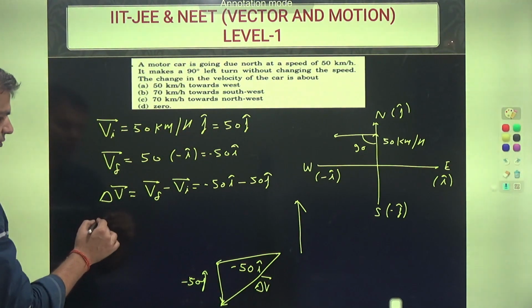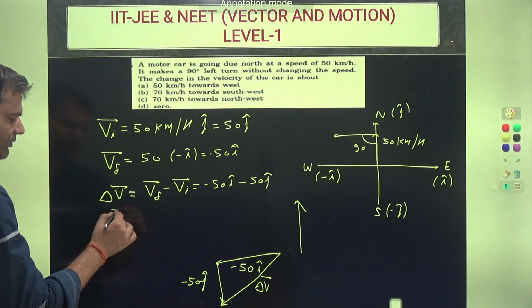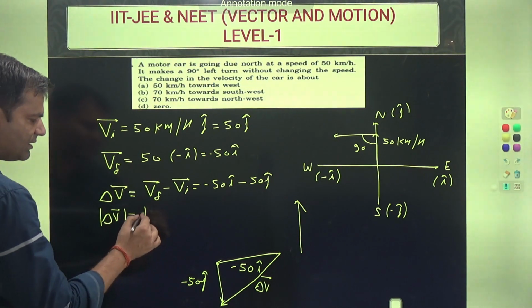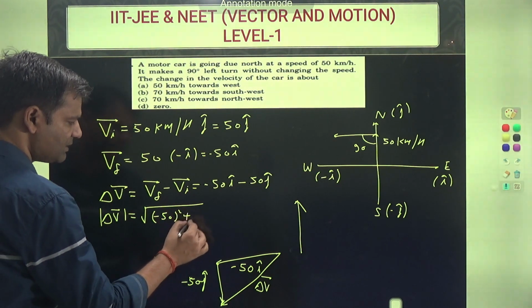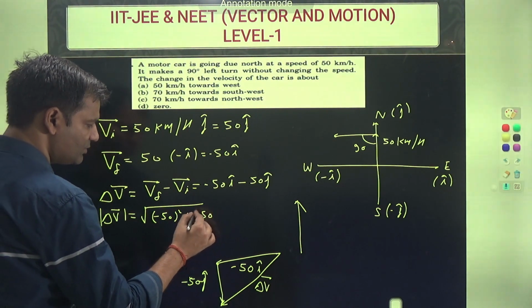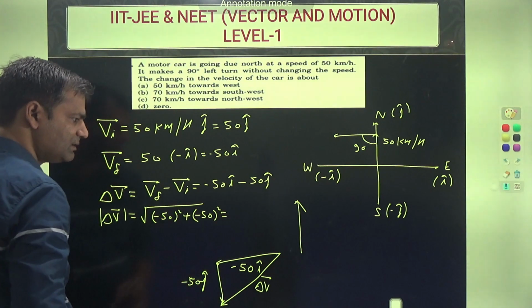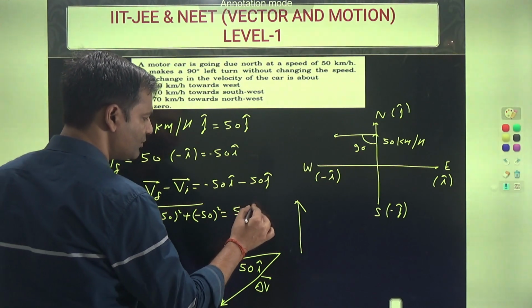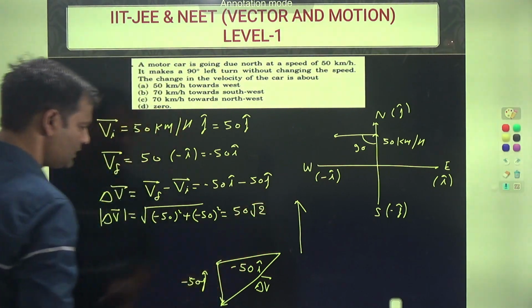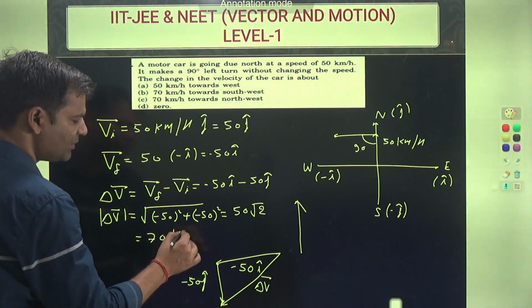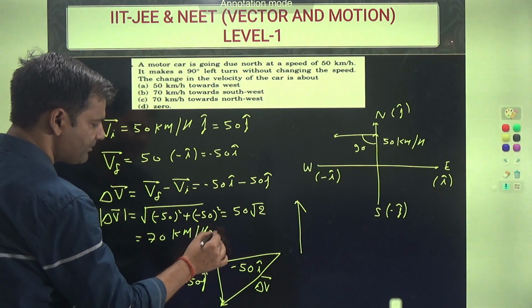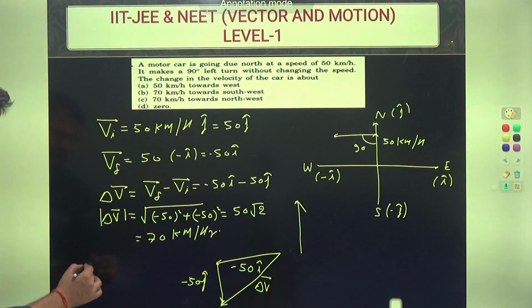So what about mod V? It is written as under root of (minus 50) whole square plus (minus 50) whole square. That is 50 root 2. Okay, it is closer to 70 km per hour. What about theta?